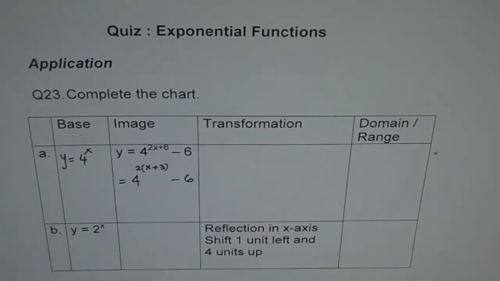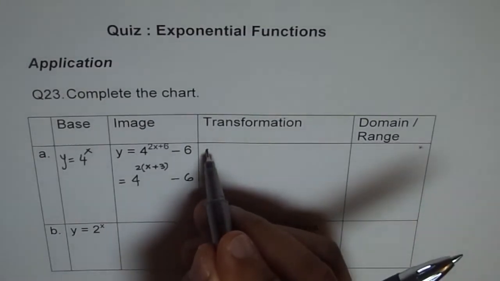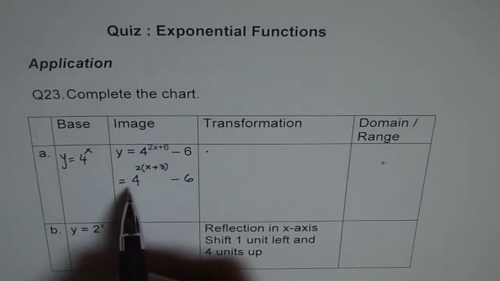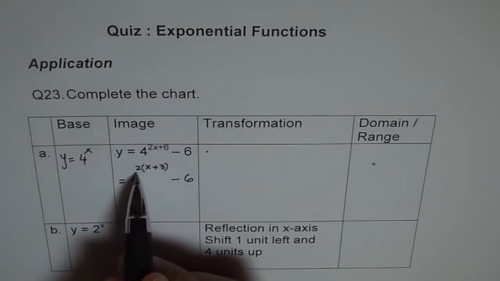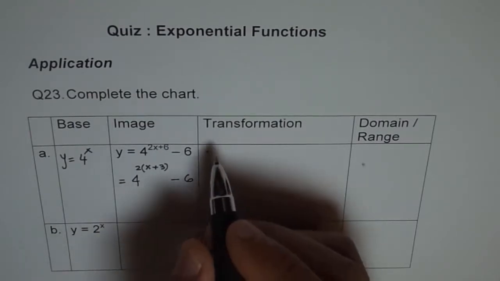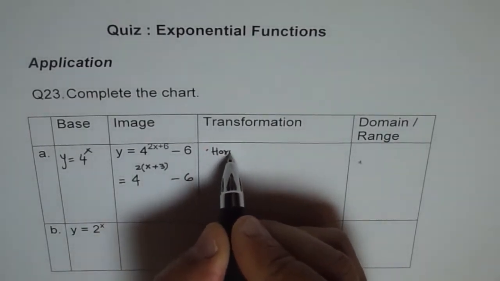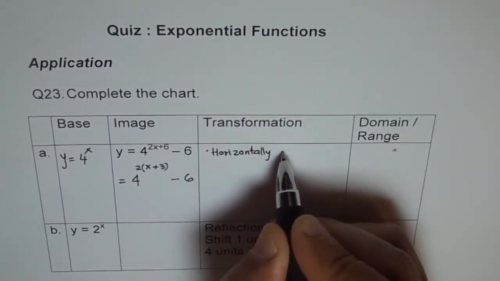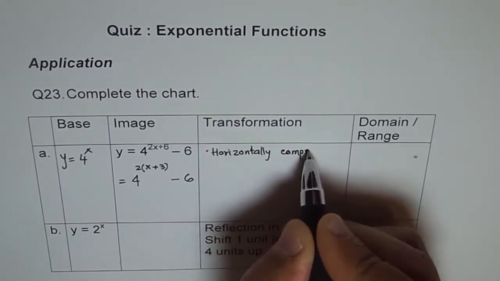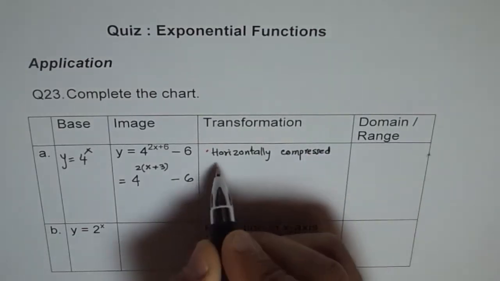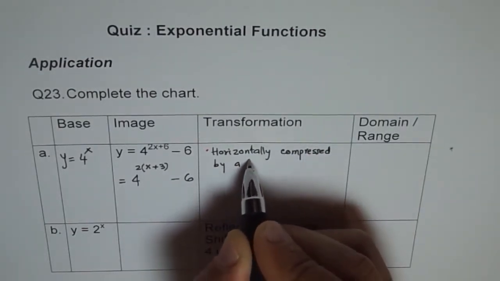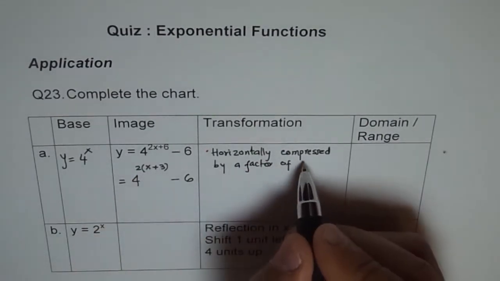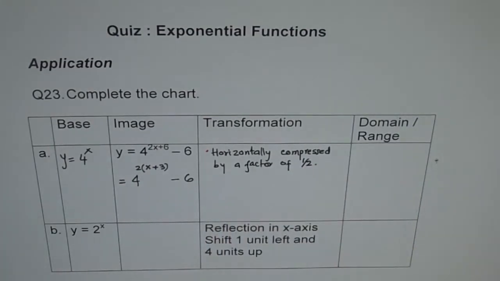Now transformations, you can explain. While explaining transformations, you should move from left to right. So from the left, if you move here, then this is horizontally compressed by a factor of 1 over 2, which is half. That is the first transformation.